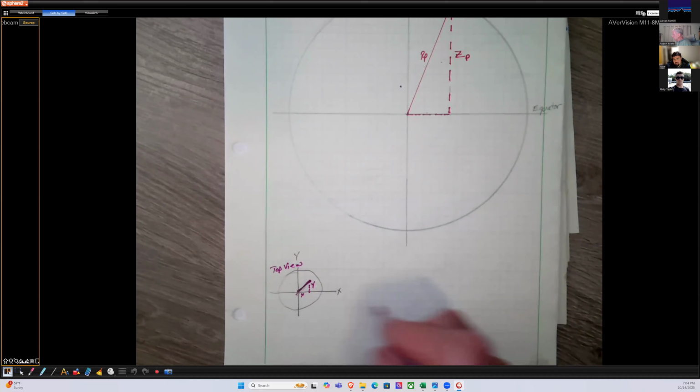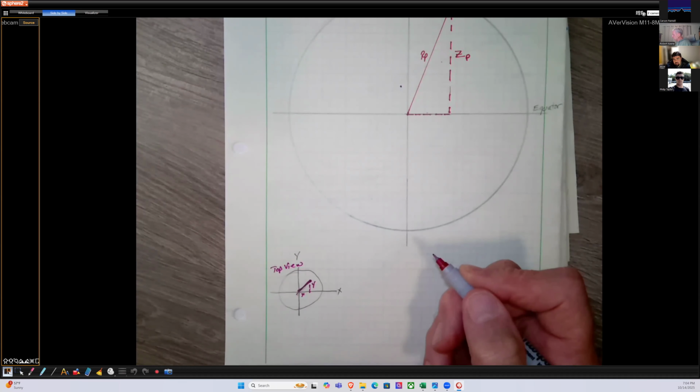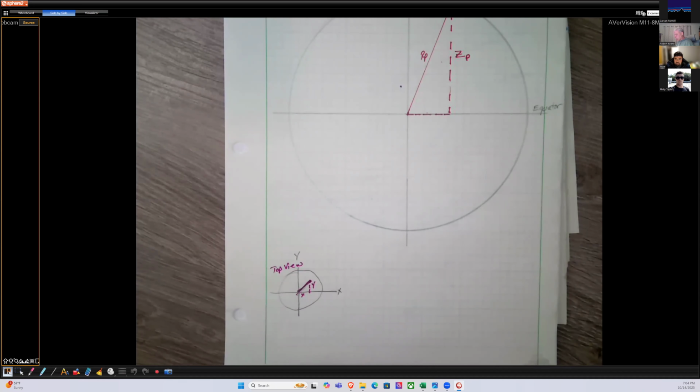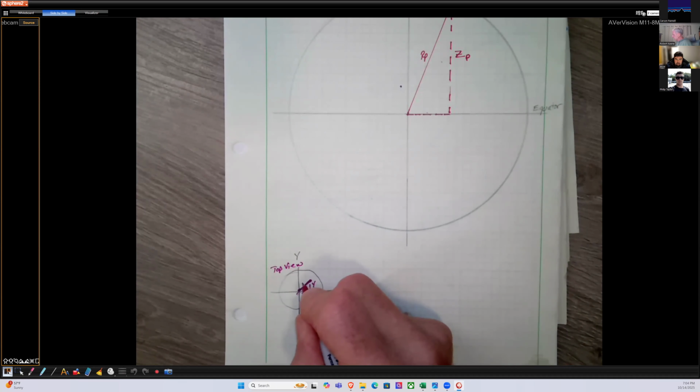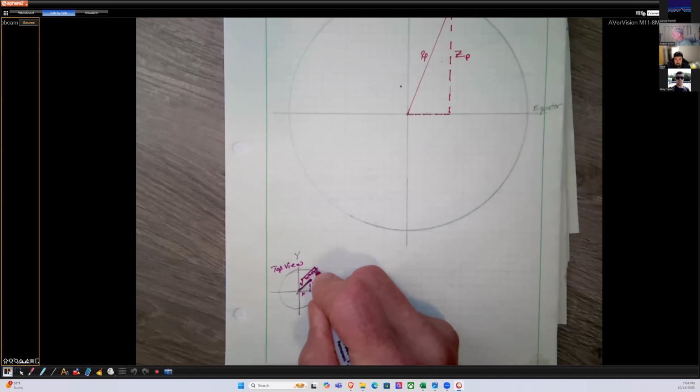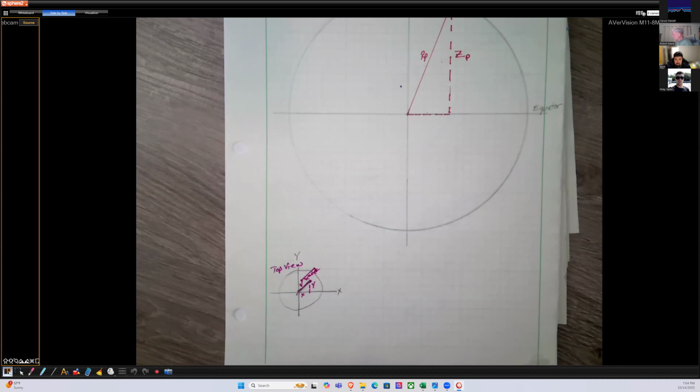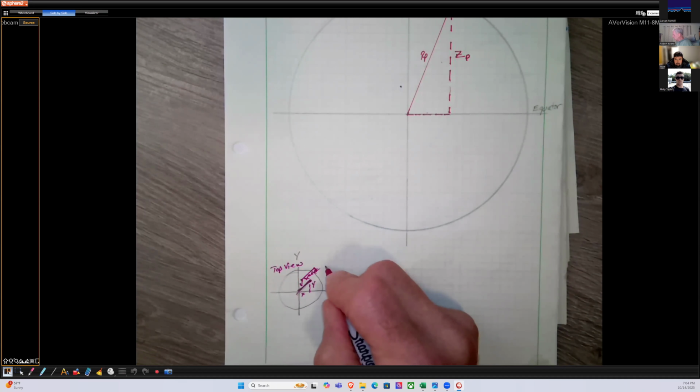Oh gosh, good old distance formula. Starts with square root, ends in x squared plus y squared. I'll write that out here better.